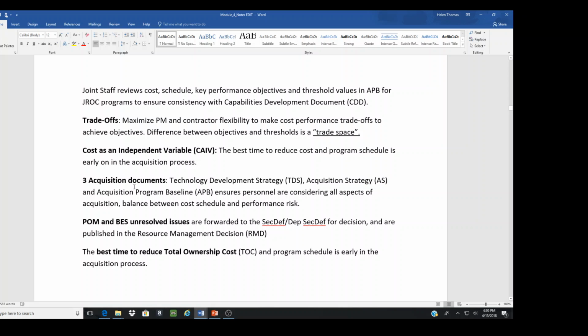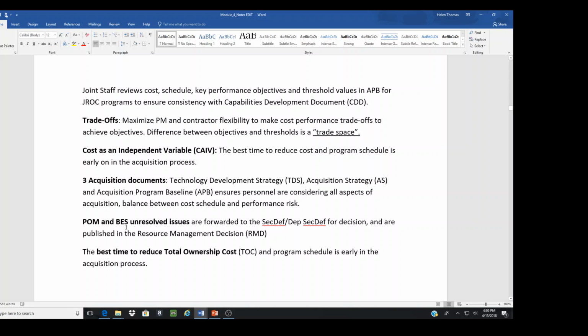The three acquisition documents that you need to be familiar with are the technology development strategy, the acquisition strategy, and the acquisition program baseline. They ensure personnel are considering all aspects of acquisition, balancing cost, schedule, and performance risk.